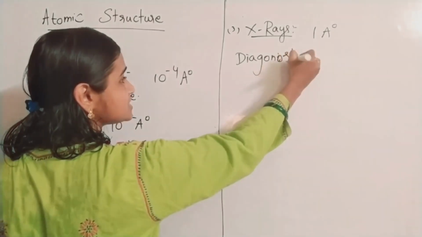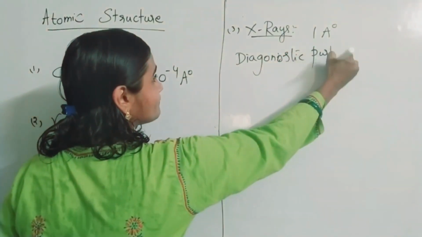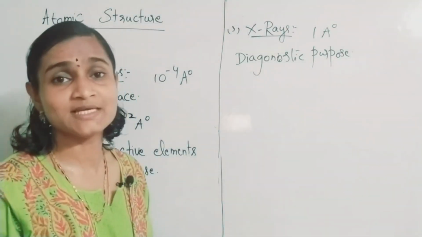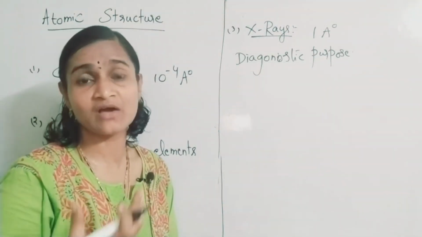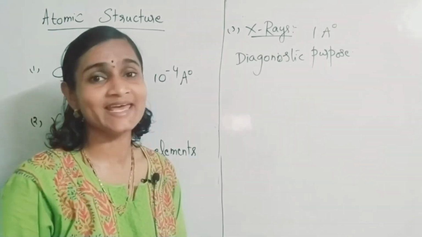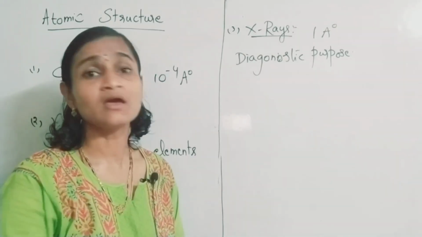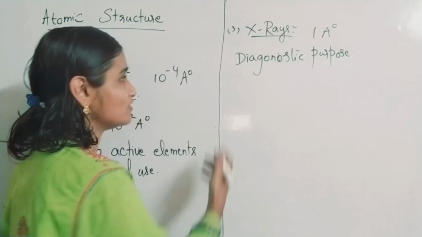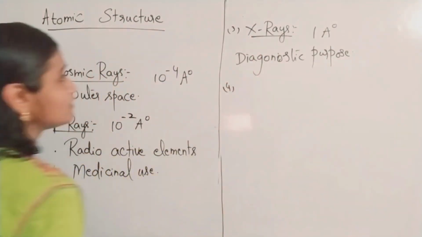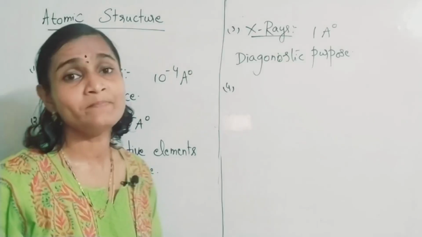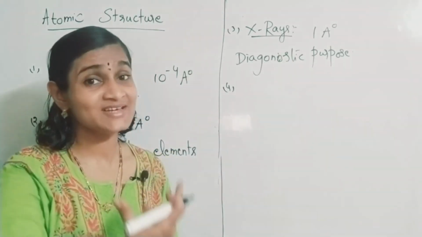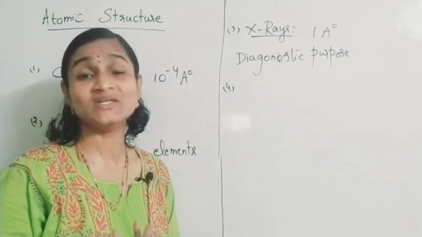To see any ailments or any fractures in bones, what is there inside, where actually the problem is lying inside our body, to check that we use X-rays. You all know about it. How are they produced? When cathode rays strike the metal plate, X-rays are produced. Roentgen experiment, once recall that.